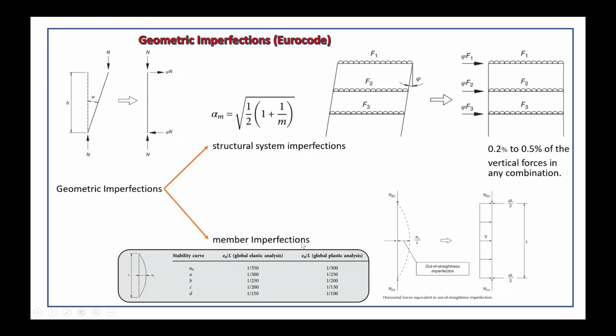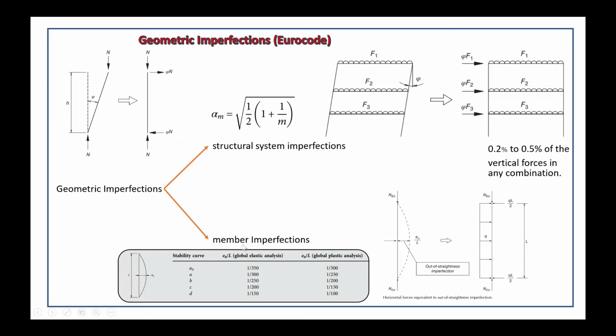And for the member imperfection, this is the value of the imperfection according to curve A0, A, B, C, D, and this is the E0, and the out-of-straightness imperfection.